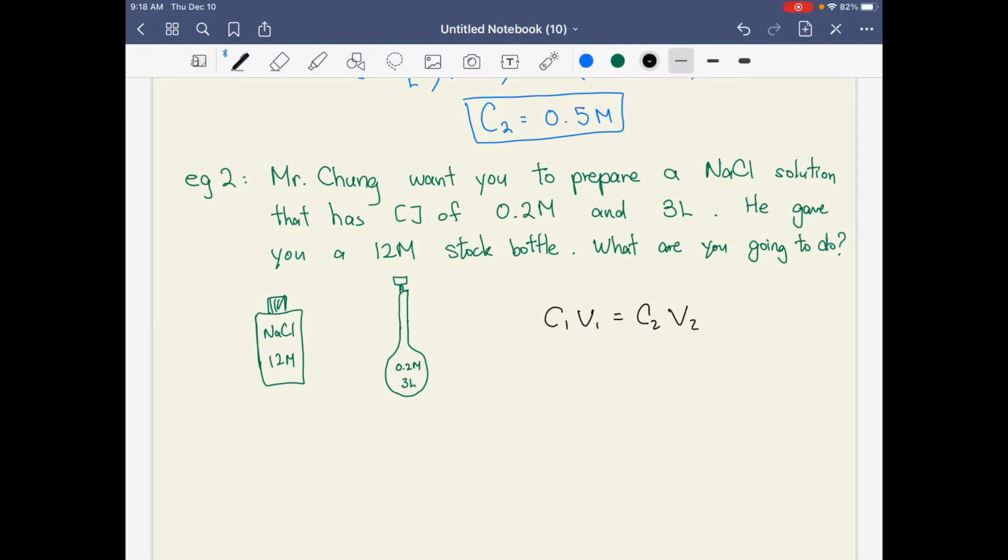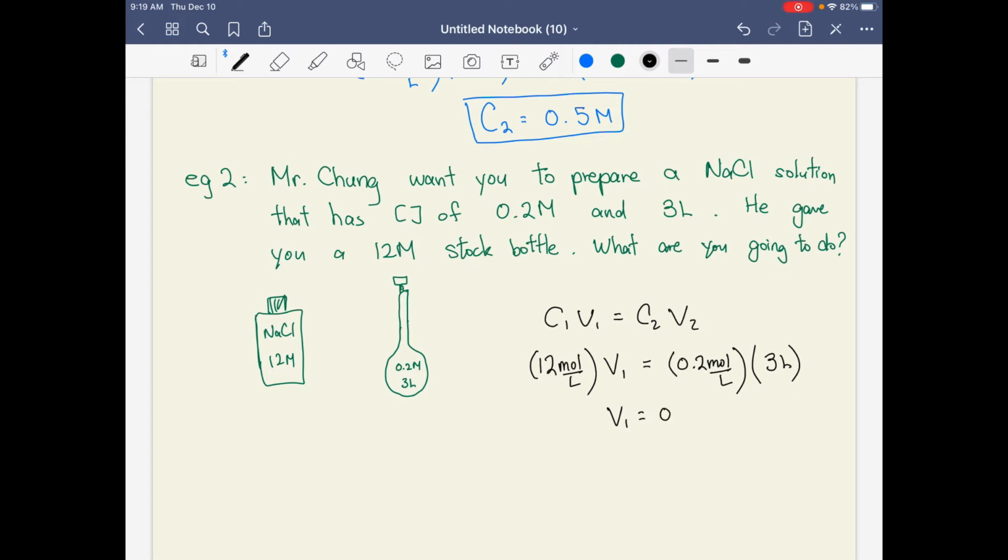So let's do that. The initial concentration here is 12 moles per liter, and you want to know how much of this you're going to take out. That will equal your final concentration, which is 0.2 moles per liter, times the final volume, which is 3 liters. All right, let's do some math. Let me bust out my calculator.